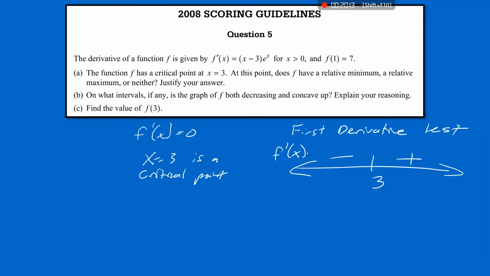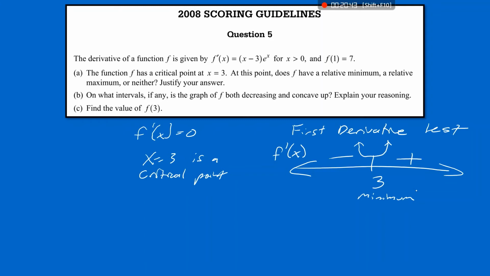So if my slope is changing from negative to positive, then Oliver, is this a relative minimum, maximum, or neither? Relative maximum. So this is saying my slope is changing. Minimum. Minimum, okay. I think it's just a vocab thing, but my slope changed from decreasing to increasing, so this point should be a minimum.